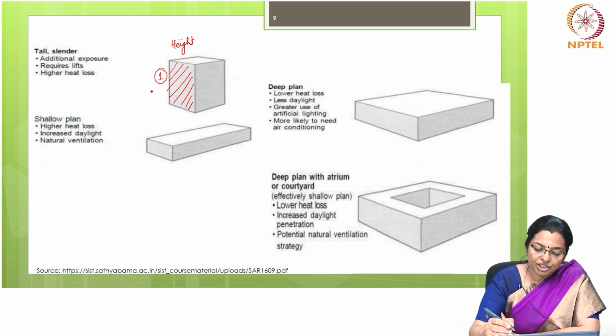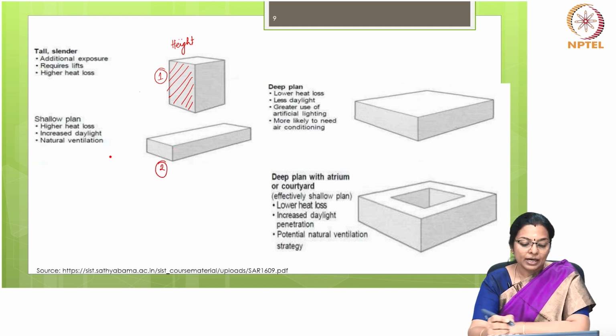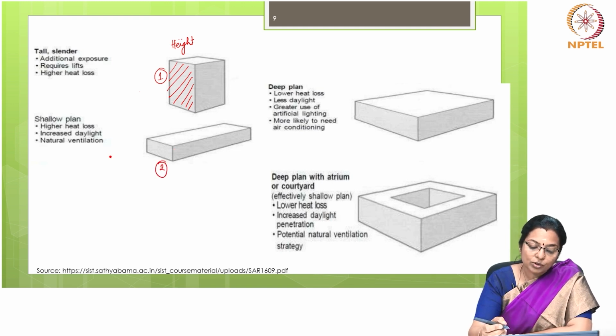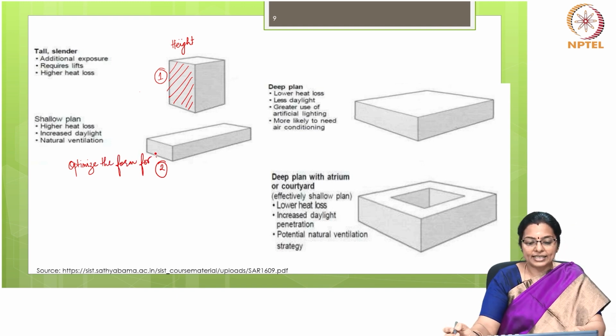Then if we look at a shallow plan, in this case too, a shallow plan can also have higher heat loss. It has increased daylight and it has more scope for natural ventilation. So, you need to optimize the form for these following aspects.